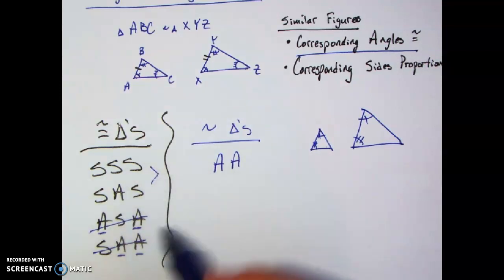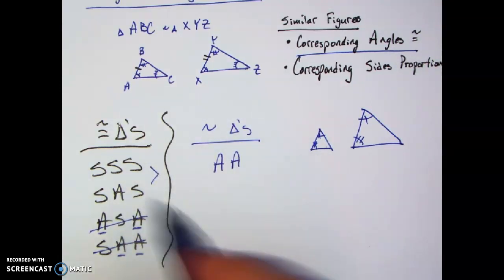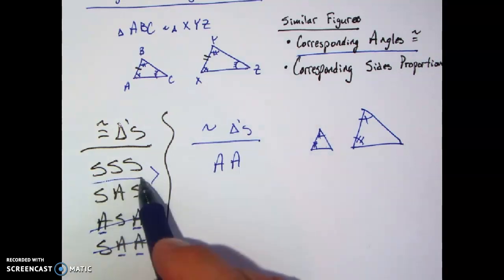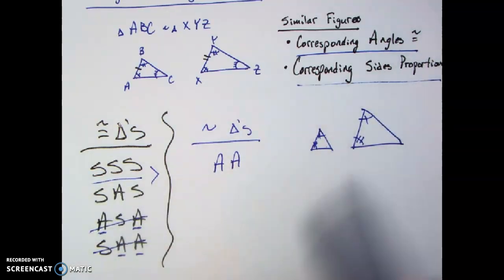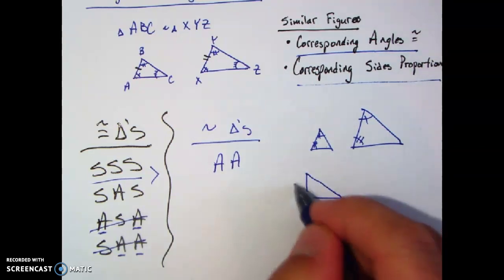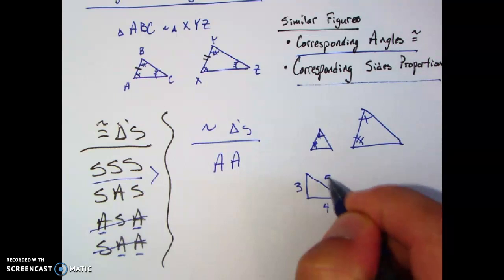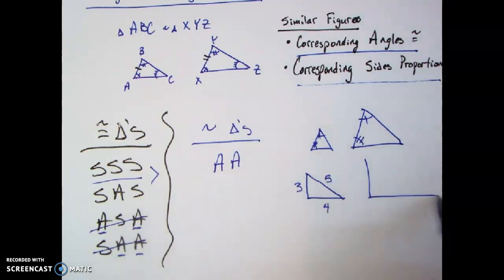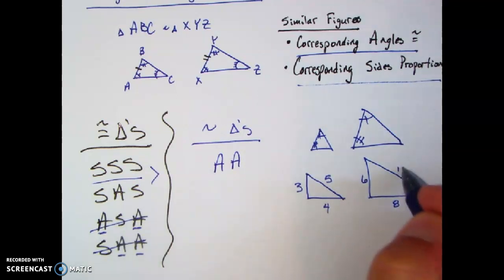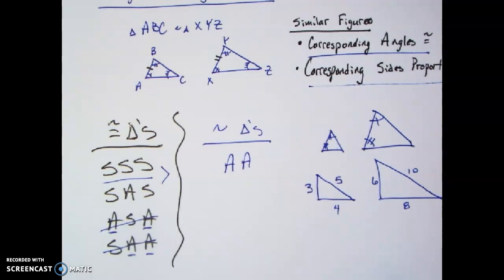So the other 2 I want to look at for similar triangles, shortcut-wise, are side-side-side and side-angle-side. Now, when we're looking at these shortcuts, remember, we're not saying that the sides are congruent to one another. We're saying that those corresponding sides are proportional. So if I have 2 triangles, say this is 3, and this is 4, and this is 5, and then I have another triangle, and this is 6, and this is 8, and this is 10, is that enough information to say that those 2 triangles are similar?